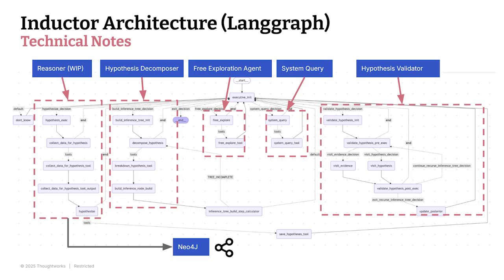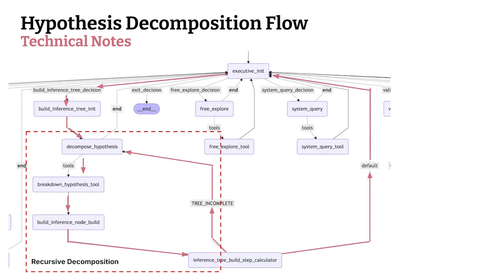This is just an example of how I built up the LangGraph agent itself. When you start off an agent, it essentially builds up the hypothesis, and then you can see a cycle where it keeps decomposing the hypothesis in a recursive fashion. Ultimately it creates what I call an inference tree, or a hypothesis tree.